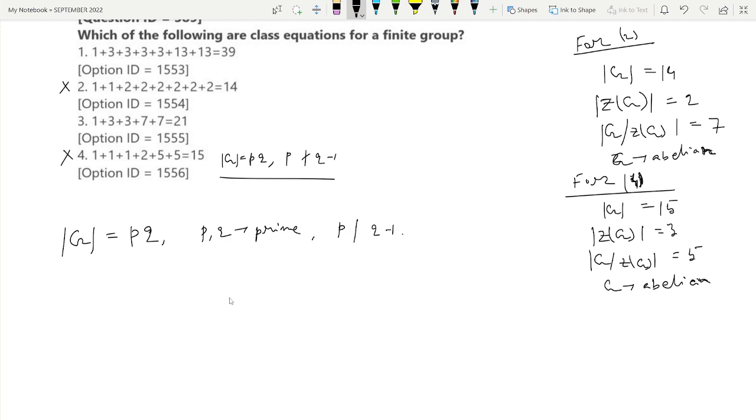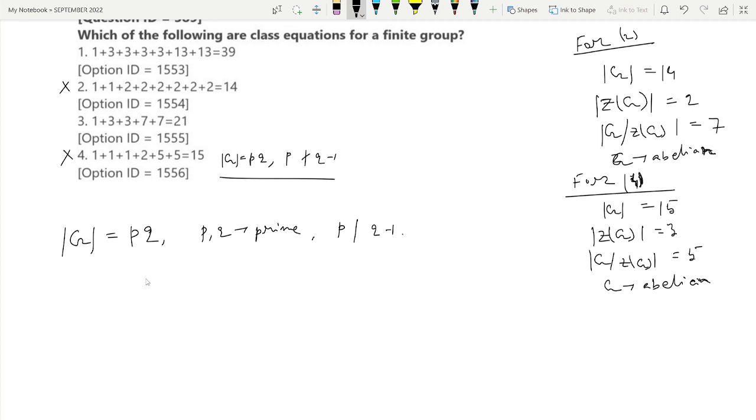If p does not divide q minus 1, then G is cyclic. This is a well-known standard result that can be concluded from Sylow's third theorem. But here G is a group of order p into q where p divides q minus 1. For this it is 3 into 13, 3 divides 13 minus 1, and here 3 into 7, 3 divides 7 minus 1.